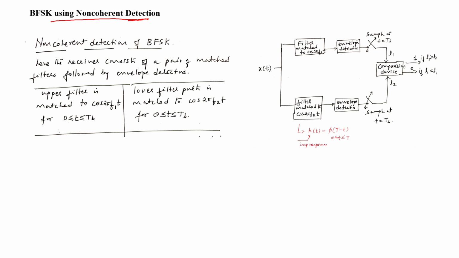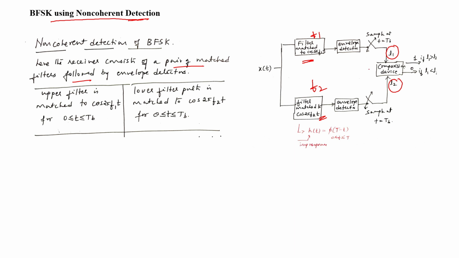The next very important concept is binary frequency shift keying using non-coherent detection. Here, the receiver consists of a pair of matched filters tuned to the two frequencies, F1 and F2. We use an envelope detector after the matched filters. At every instant, the envelope detector output is sampled and we obtain the values L1 and L2 for every TB seconds.